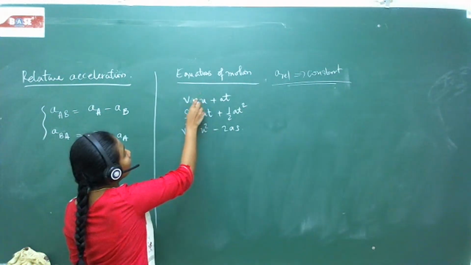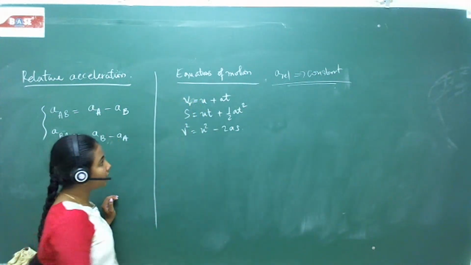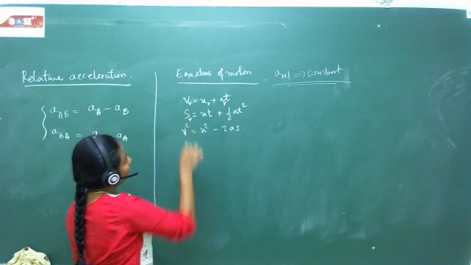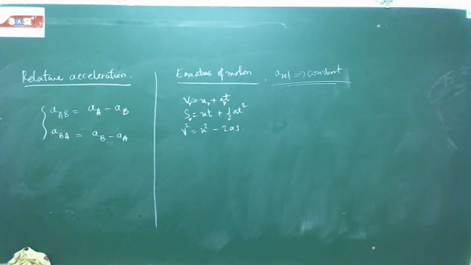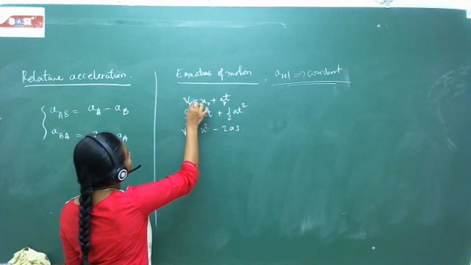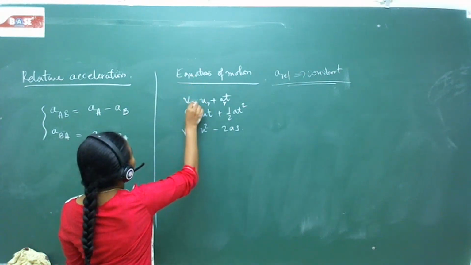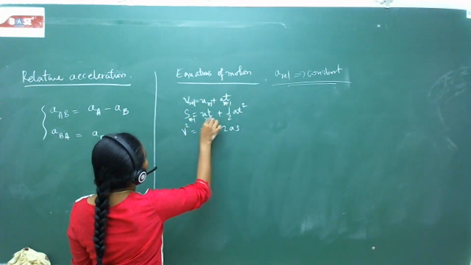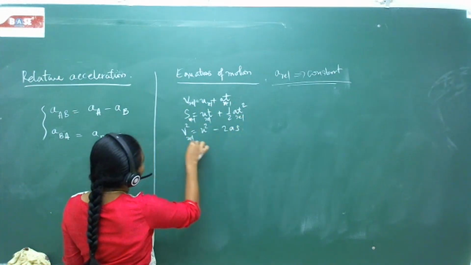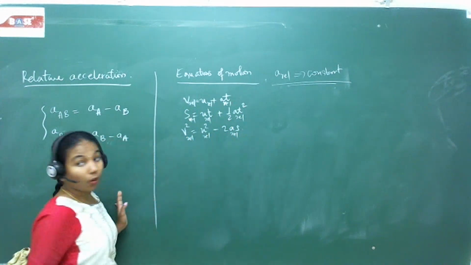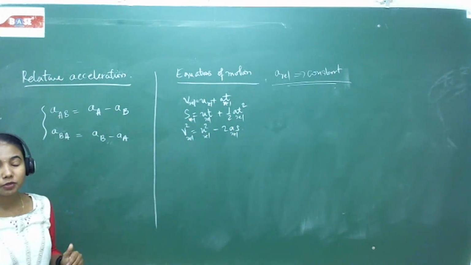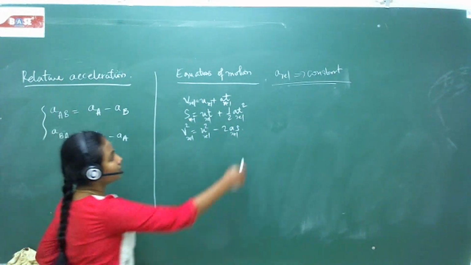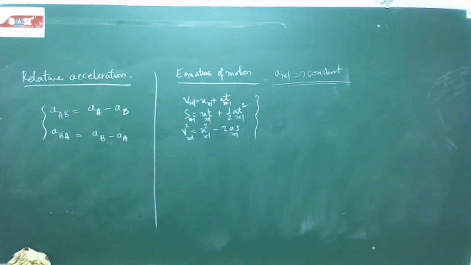We just have to replace velocity by relative velocity, acceleration by relative acceleration, and distance by relative distance, which I'll write as REL. So all these equations I'll replace in terms of relative velocity and relative acceleration. These three things you have to note down.